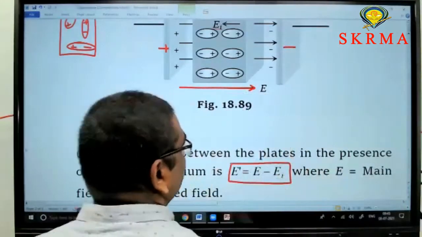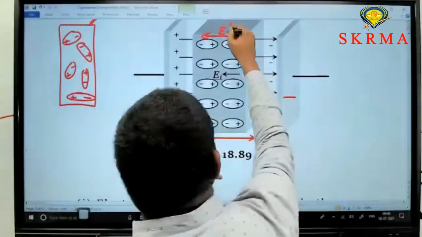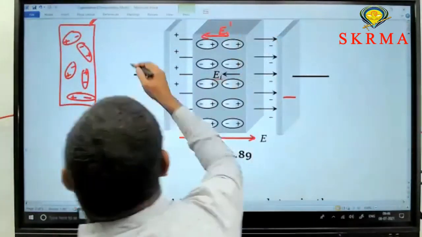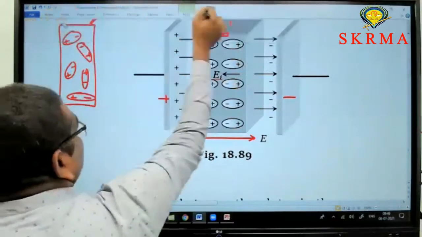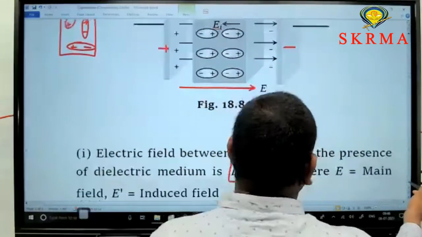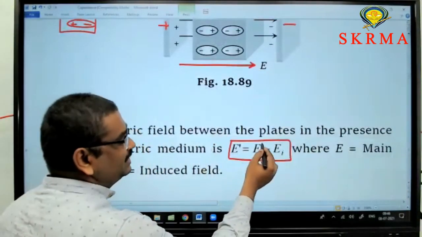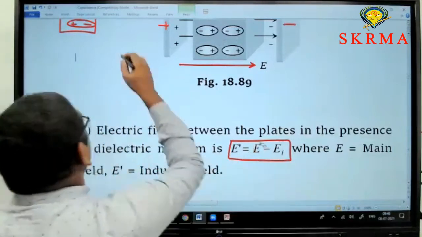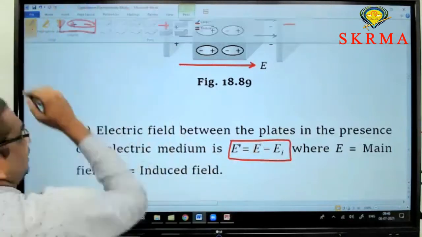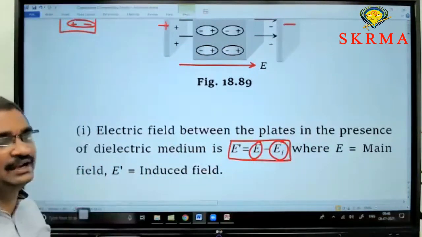Here he took E1 within this one, and we can also take it like that. Now, what is the net electric field? The net electric field is nothing but the difference between the external field and the electric field inside the dielectric.